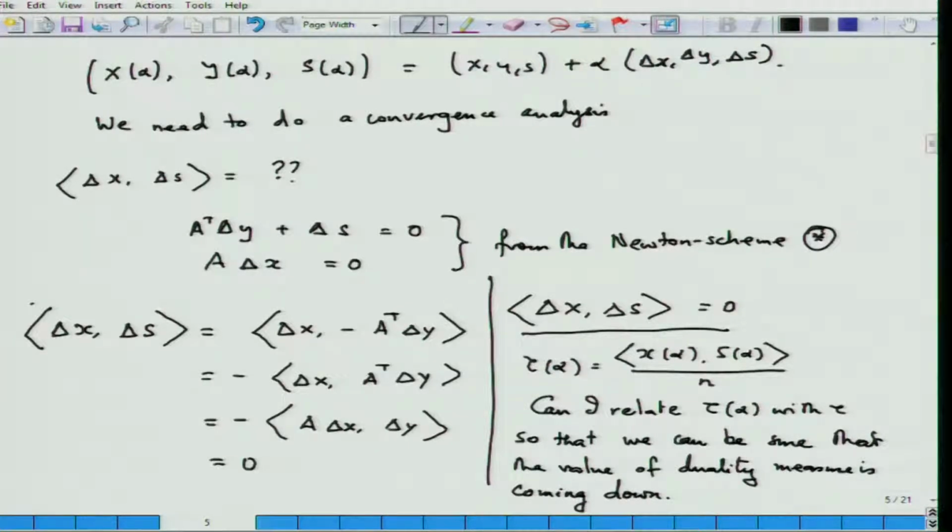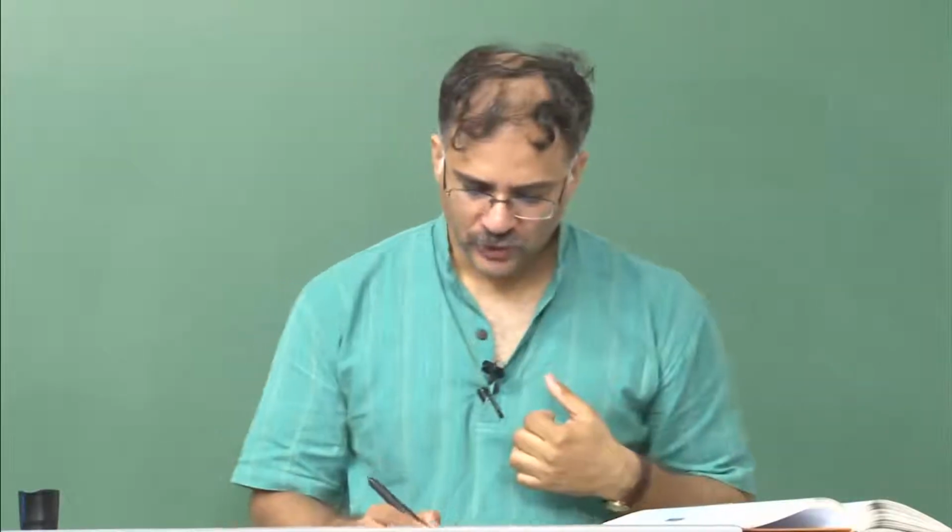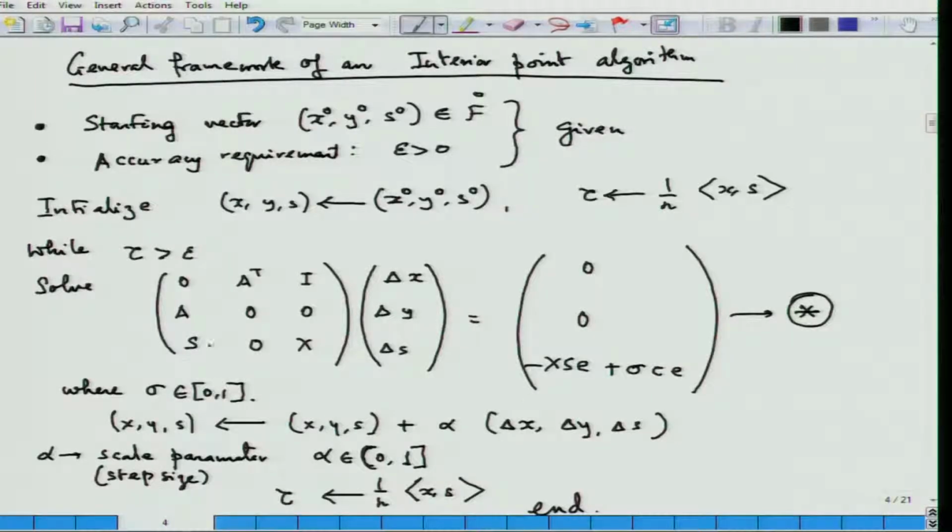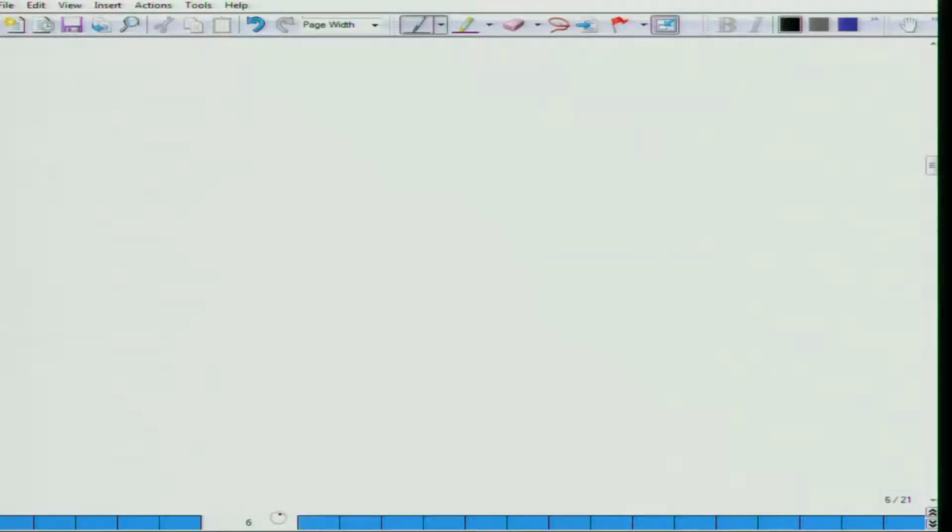So, let us see how can we do this. Look at the last row of the equation, this row, S of delta x plus capital X of delta s is this. So, I want to compute tau alpha. So, let me look at the last equation.